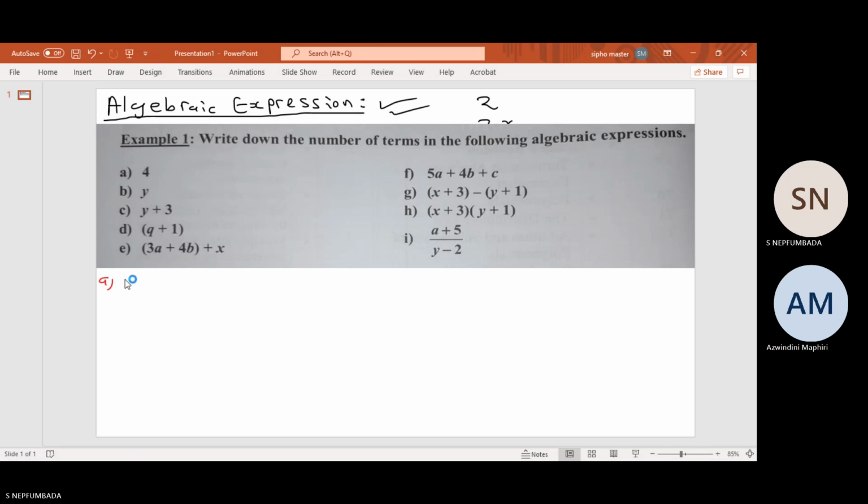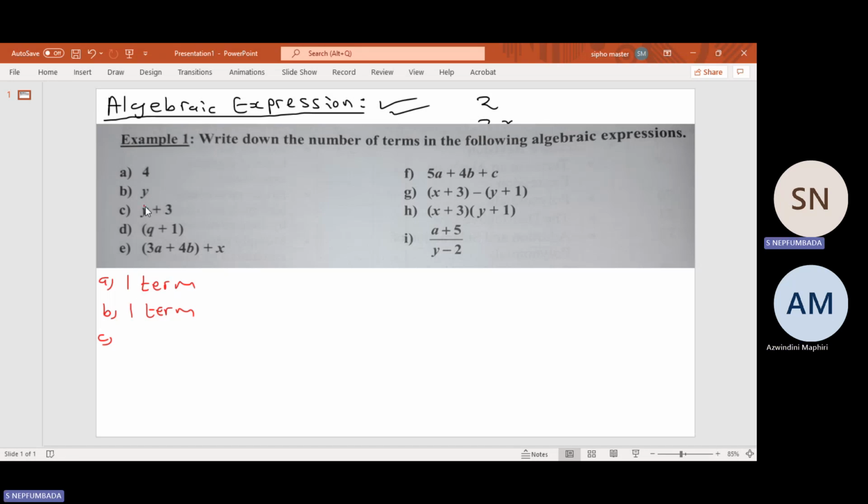One term. The second one? One term. And the third one? One.